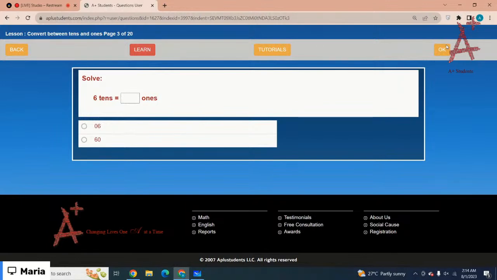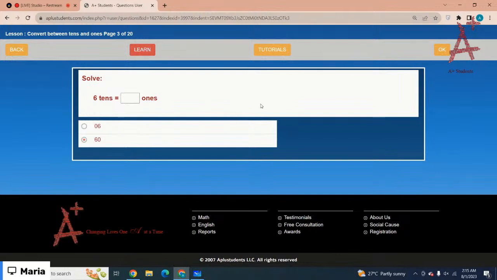6 tens equal how many ones? 6 tens means the digit at the tens position is 6, and the rightmost digit is 0 because you are not given a digit at the ones position. So 6 tens equals 60 ones.